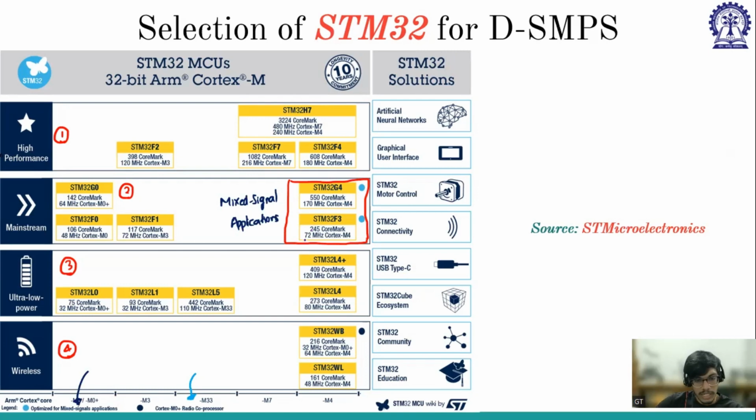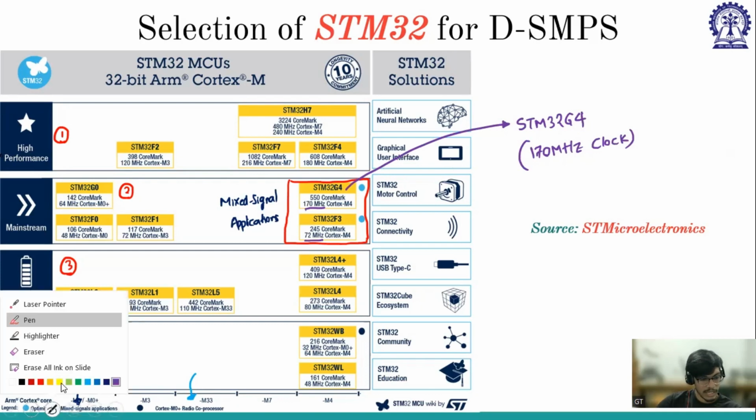So if you see here, it is 72 megahertz and this is 170 megahertz. So depending upon your clock frequency, you can choose any one of them. But in this course, we are talking about the STM32G4 family, and it has a 170 megahertz main clock. In the FPGA, we had 100 megahertz. Here they have a 170 megahertz clock, and we'll see.